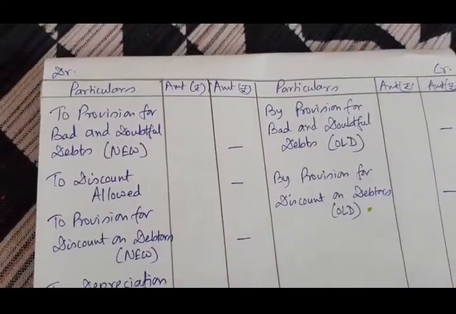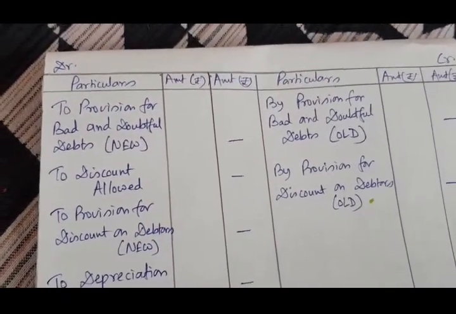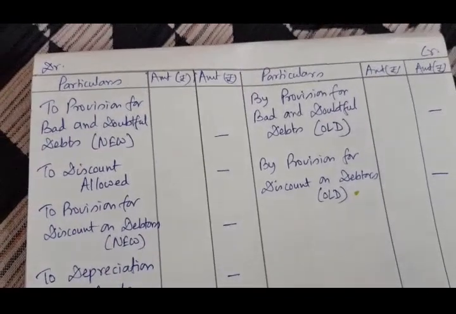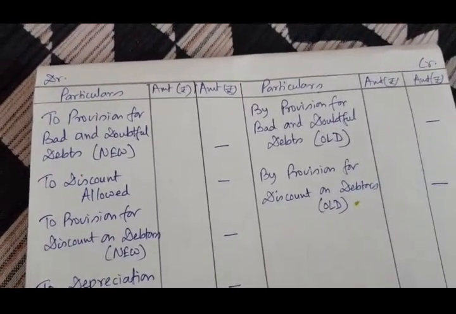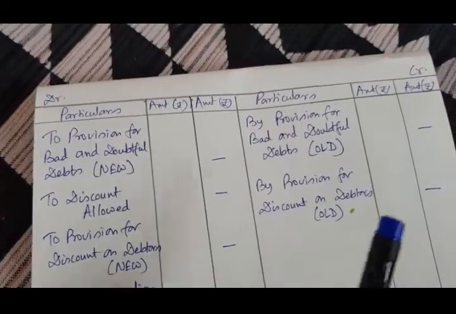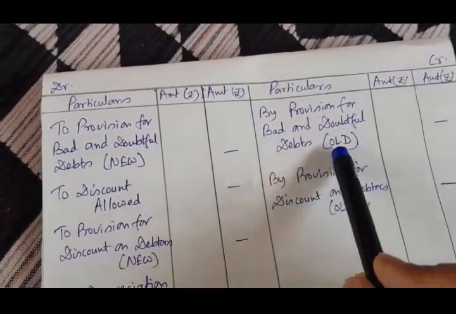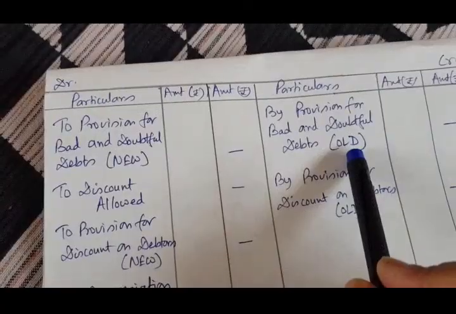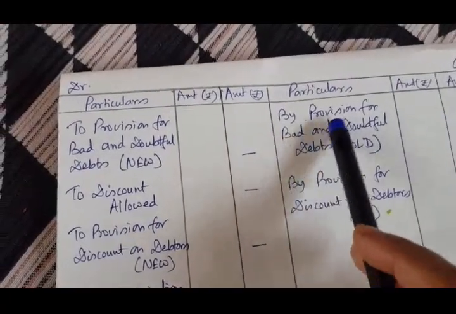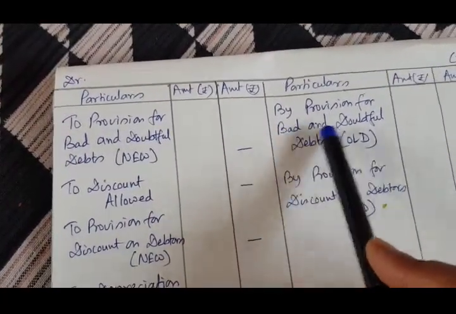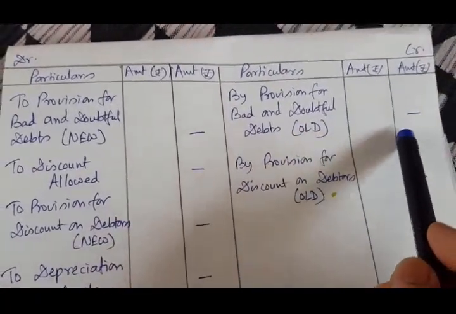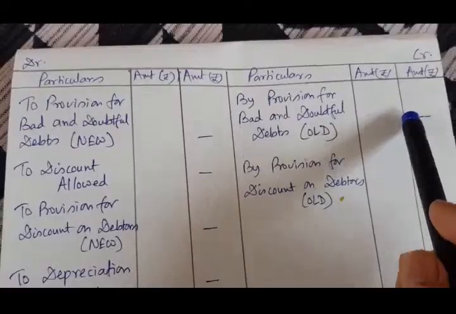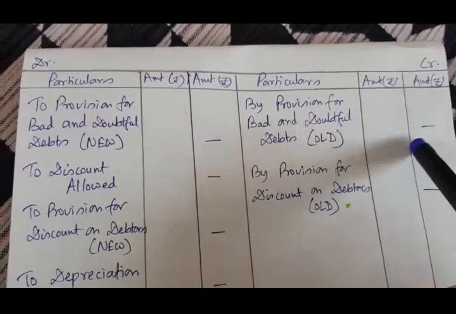Okay, now come to the next part. See the provision. I just explained that provisions are of two types, new provision and old provision. Old provision is the income, meaning last year's balance. See, the old one I have written on the indirect income side: provision for bad and doubtful debt, old. So old we have to consider as indirect income and put on the credit side here only.